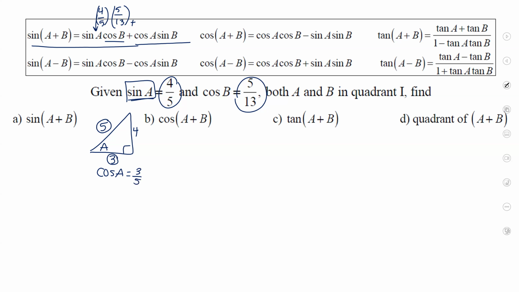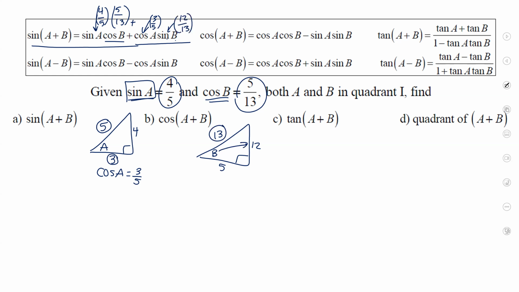And sine of B, well, I know cosine of B, if I draw a triangle, is adjacent over hypotenuse. So that means this is 12. So sine of B will be opposite over the hypotenuse, 12 over 13.